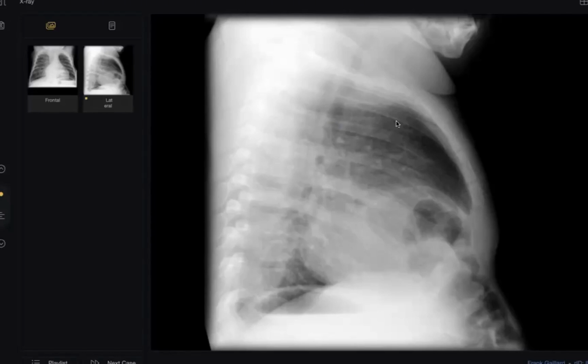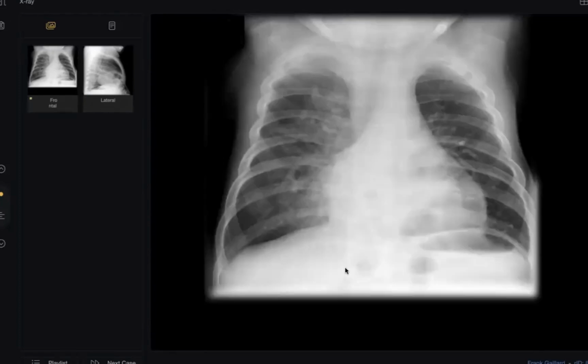Go on, doctor. Sir, the stomach is below the hemidiaphragm, which I can appreciate on the lateral view as well. Is this right or left?